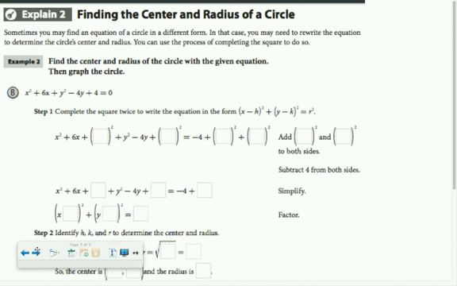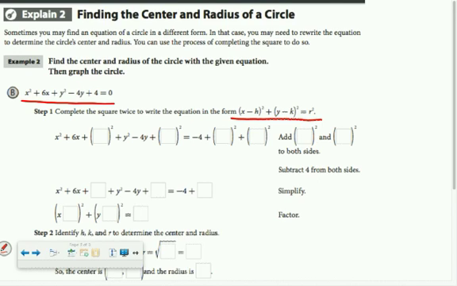Sometimes the equation of the circle isn't given to us in standard form. Sometimes the equation will look like this, for instance, instead of in this standard form where we have a binomial squared plus a binomial squared equals the radius squared.